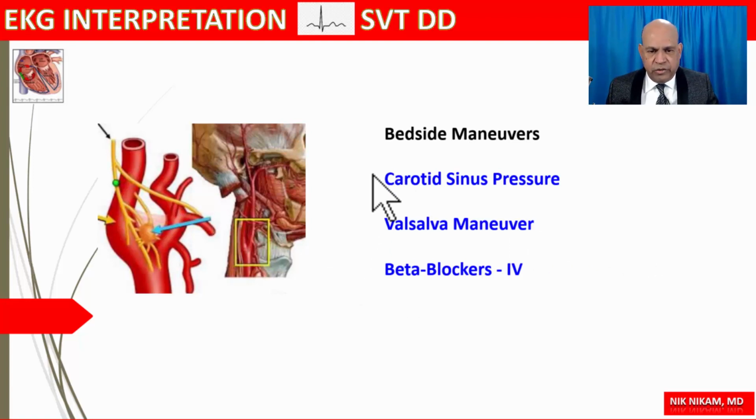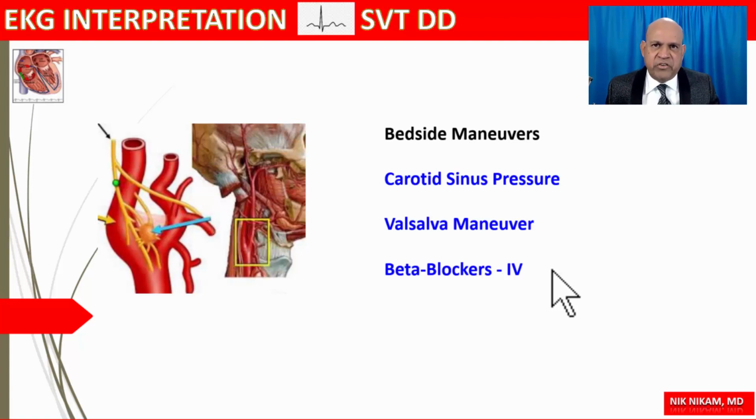If these procedures are unsuccessful, a small dose of IV beta blocker like 5 milligrams of metoprolol given IV can slow the rate temporarily and help us to identify the underlying rhythm. The beta blockers given intravenously last for 15 to 20 minutes, and we want to make sure the blood pressure is adequate and the oxygen levels are adequate before we give intravenous beta blockers.